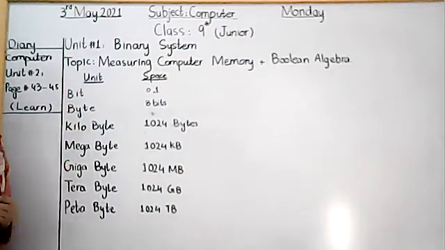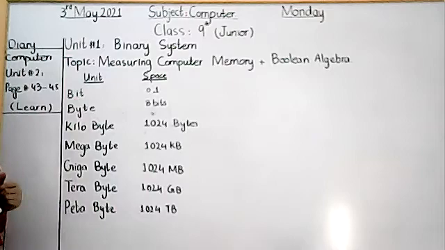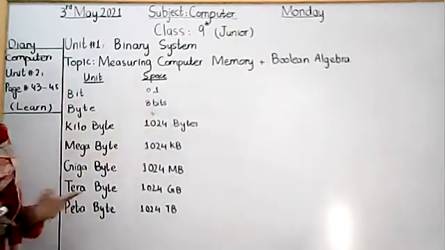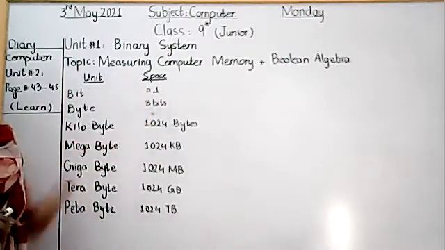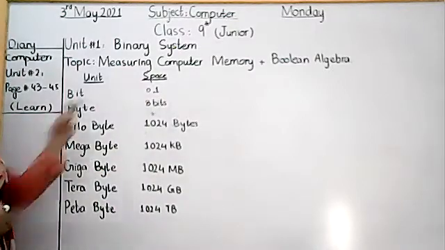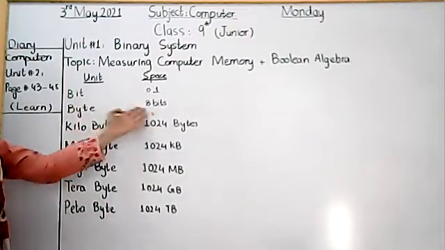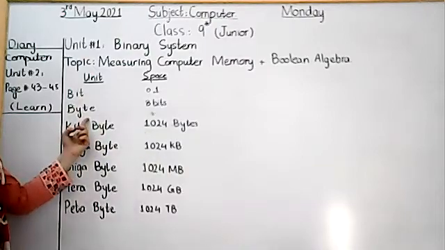As I told you in the previous classes, bit is a memory unit which can have the value 0 and 1, one value at a time. 0 means off and 1 means on. So we can say that there are two conditions for the bit, off and on. And then 8 bits together make a byte.